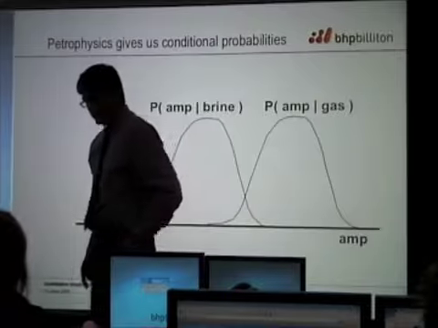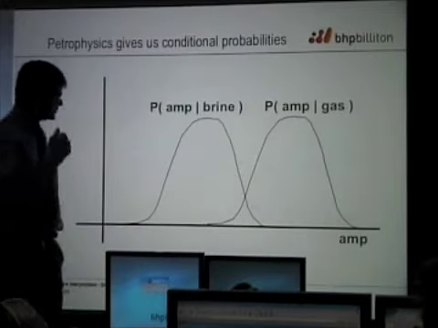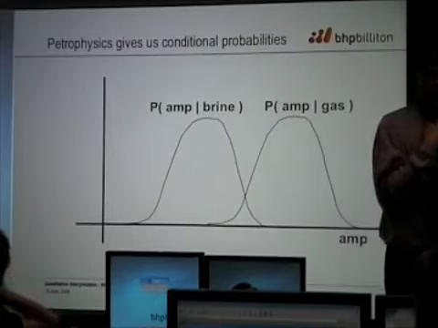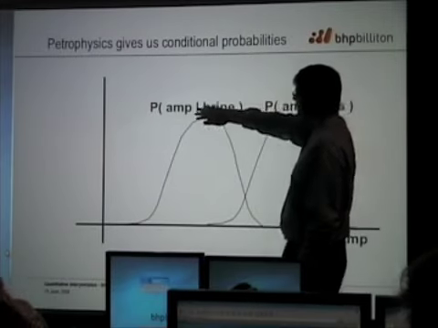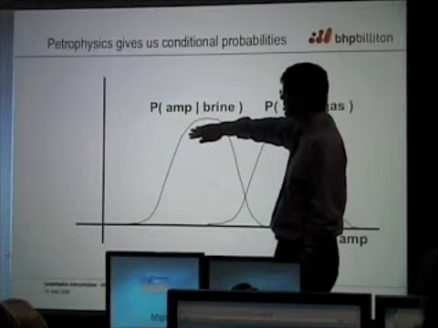Let's start with what these humps really are that we ended up calculating. These humps are a conditional probability, for those of you who like to think about these things.